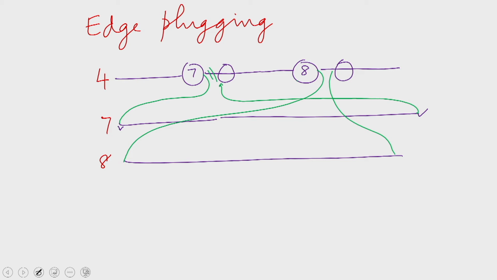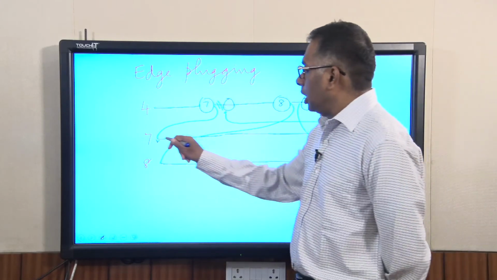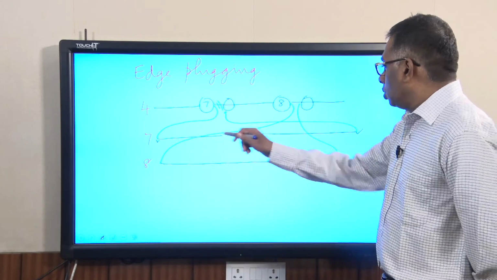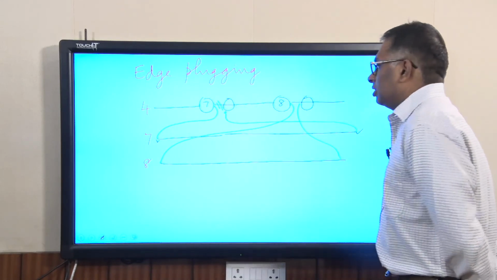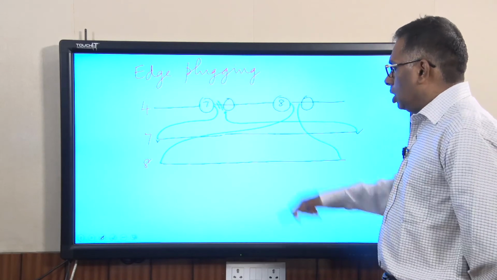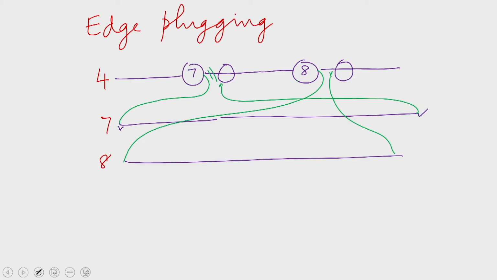So, now the adjacency list at 4 will look like this: it starts from the first node, comes to 7, and then goes to the beginning of the adjacency list of 7, and then goes all the way through the adjacency list of 7, and then goes to the successor of 7 in the adjacency list of 4, continues with the adjacency list of 4, comes to 8, and then goes to the beginning of the adjacency list of 8, goes through the adjacency list of 8, and then goes to the successor of 8 in the adjacency list of 4, and then continues with the adjacency list of 4.